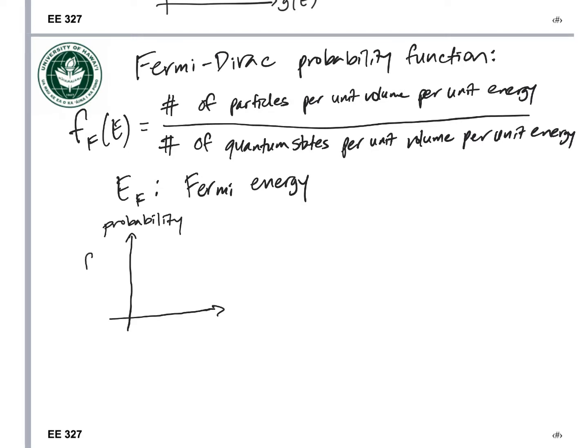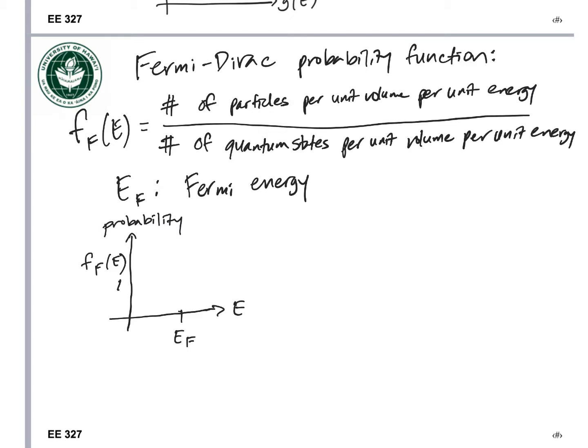As you know, if we're talking about probability, for those of you who took 342, if something is guaranteed that it's going to happen, the probability is 1. So we'll say probability of 1. The y-axis is probability, the x-axis is energy, and we'll put the Fermi level on the x-axis.